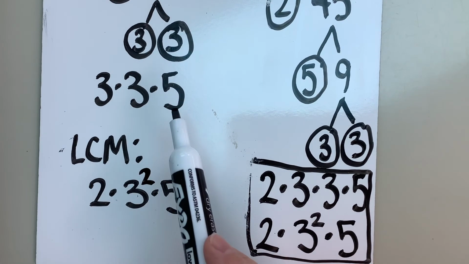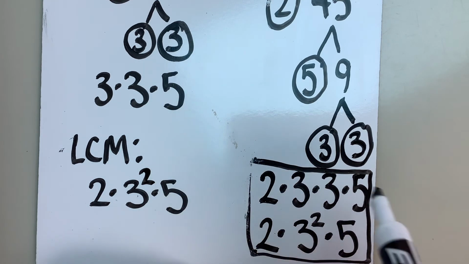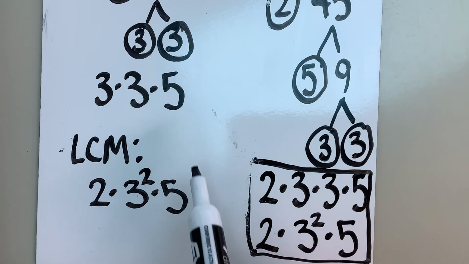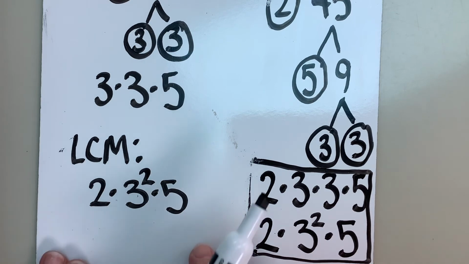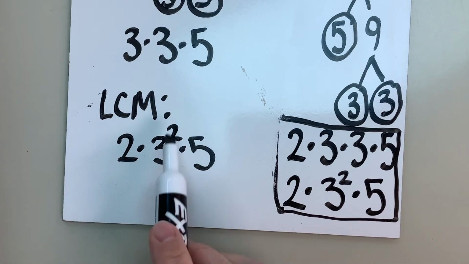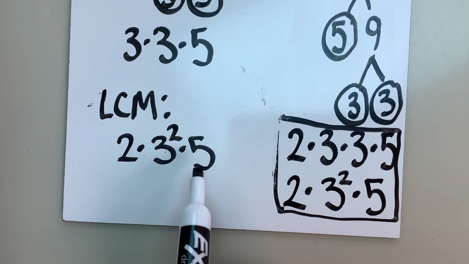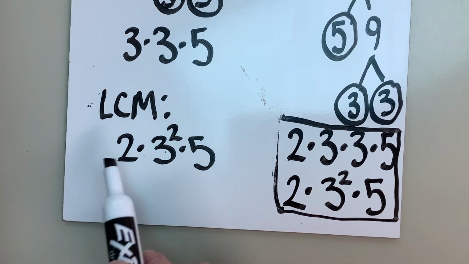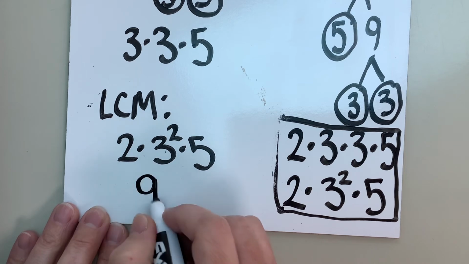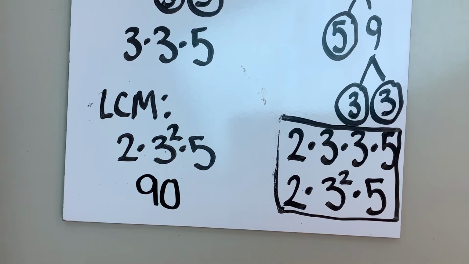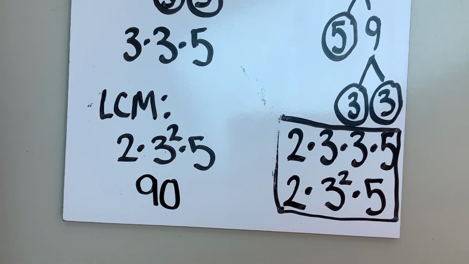And the greatest number of my 5s is, well, there's 1 here and 1 here, so either way, there's just 1. To find this, then we're going to do 3 squared, which is 9. 3 times 3 is 9. 9 times 5 is 45. And 45 times 2 is 90. So my least common multiple is 90.